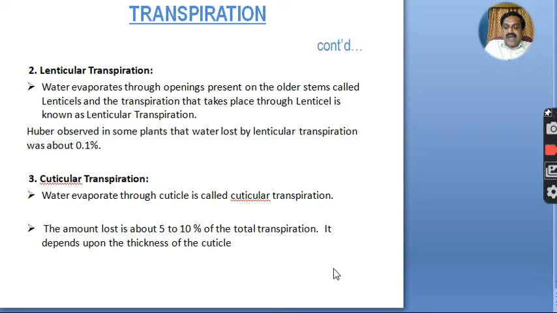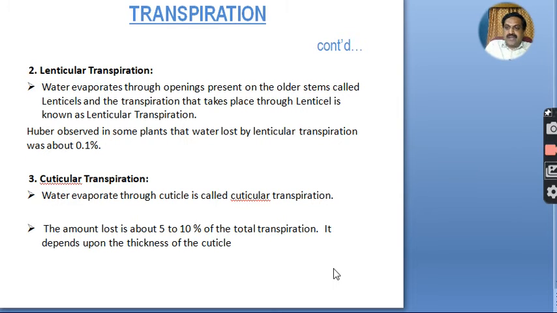However, due to cracks which develop on the surface of the cuticle, a certain amount of internal water gets vaporized. Thus, the transpiration which takes place through the cuticle of the epidermis of the stem and the leaves is known as cuticular transpiration.